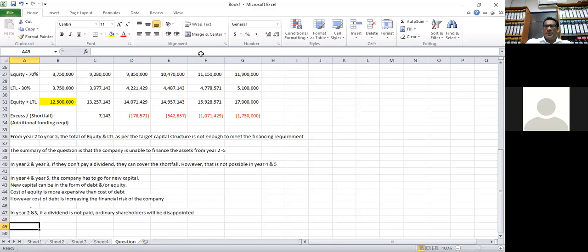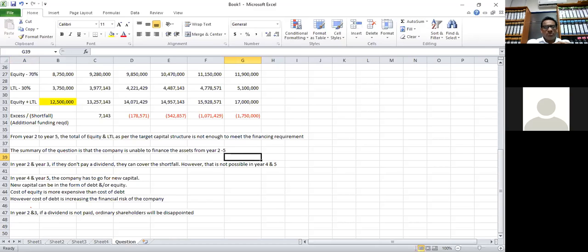Are we clear? Any questions? So then we have to still maintain our capital structure. But you can increase equity. You can go for new equity, and at the same time, you can go for debt also.